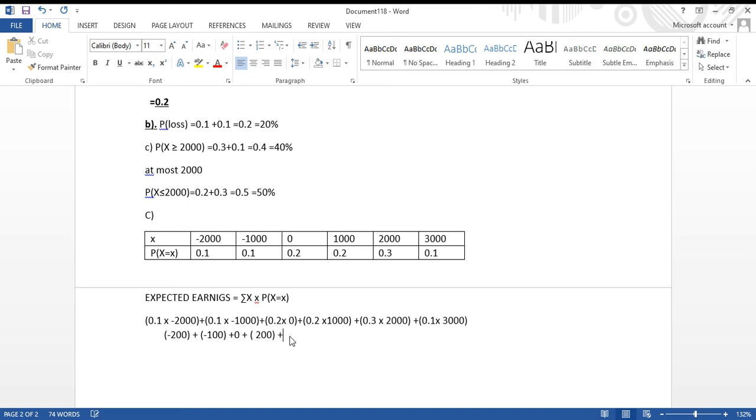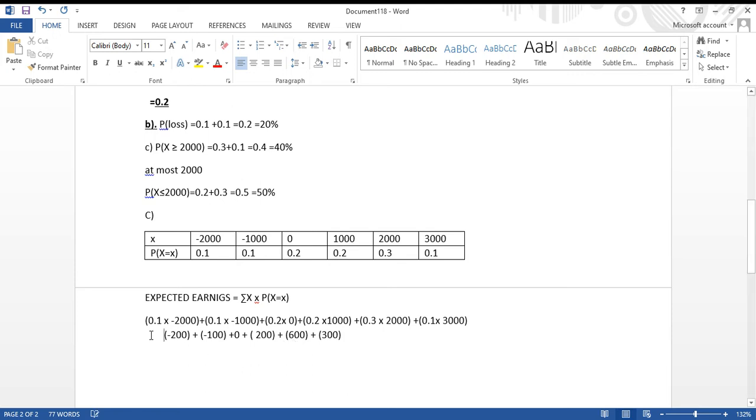Plus 0.3 times 2000, 600, plus 0.1 times 3000, should be 300.